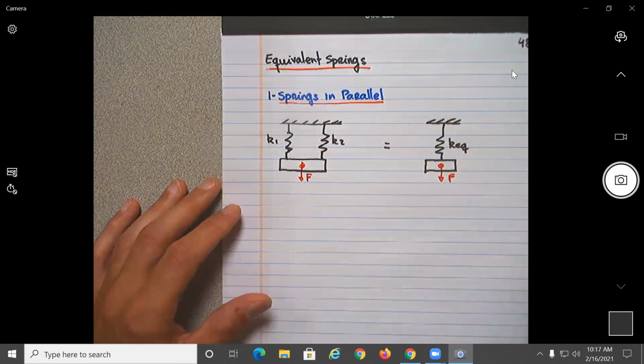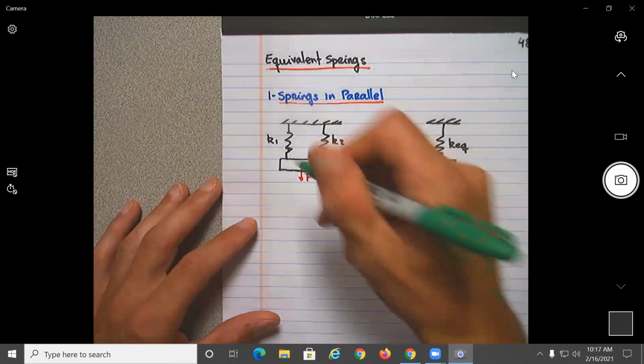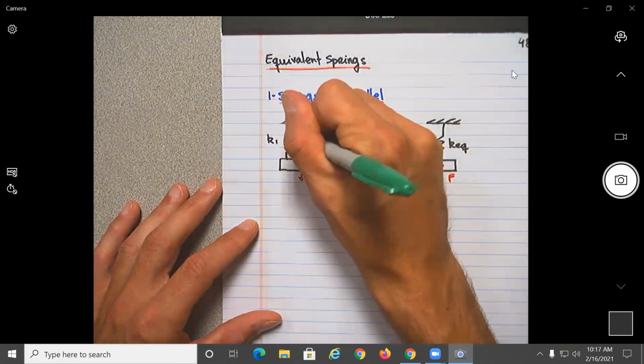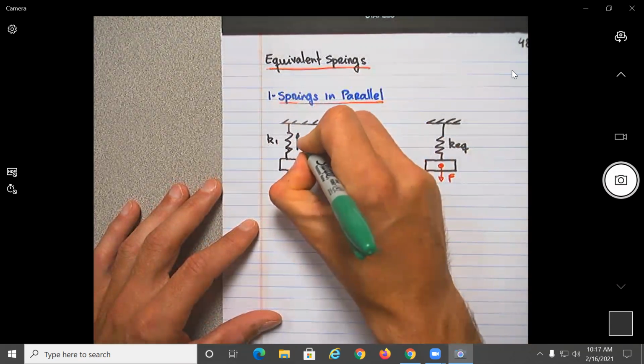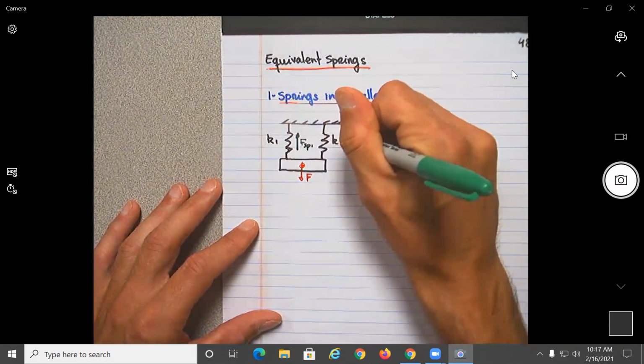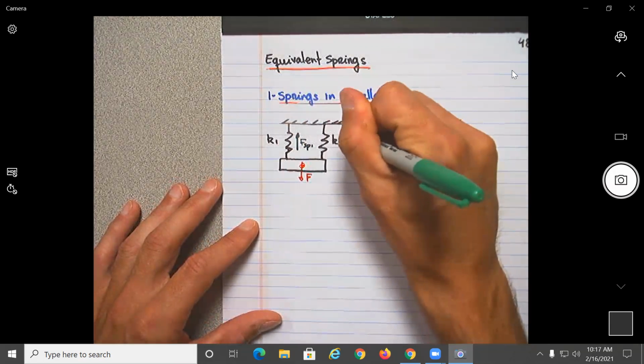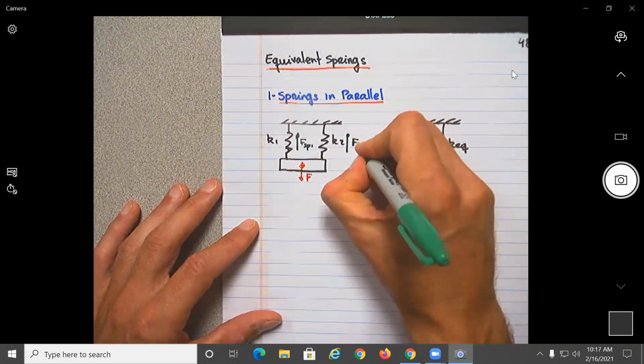This will be the force of spring 1, and this will be the force of spring 2.